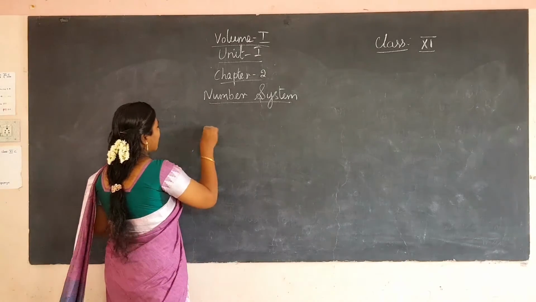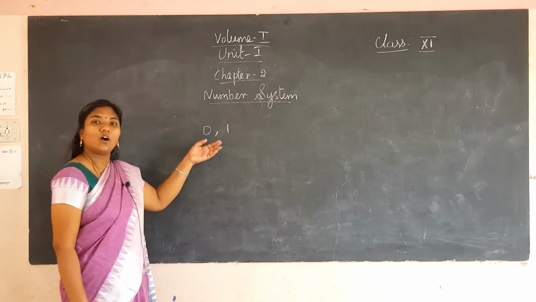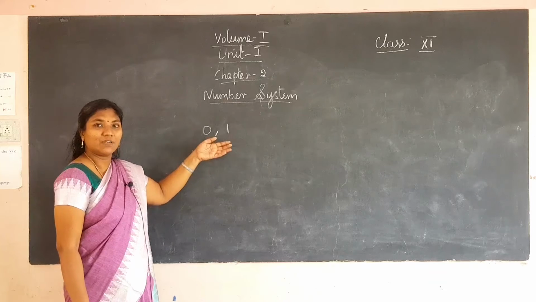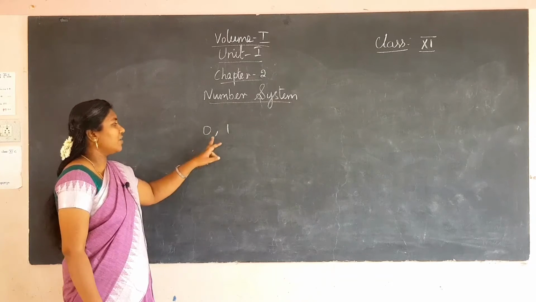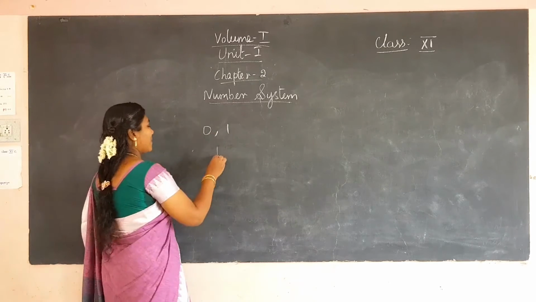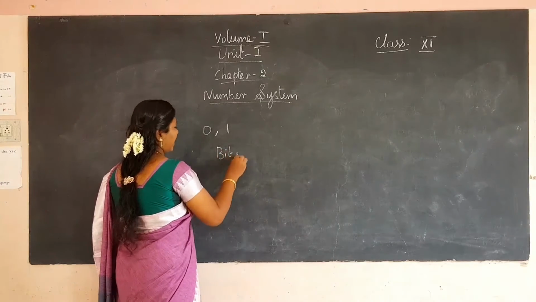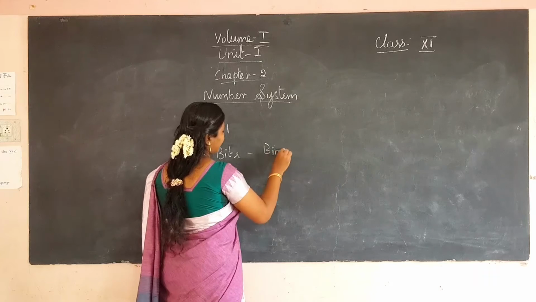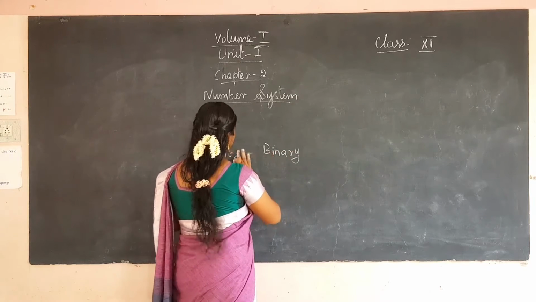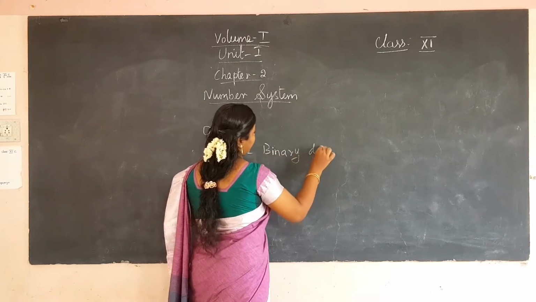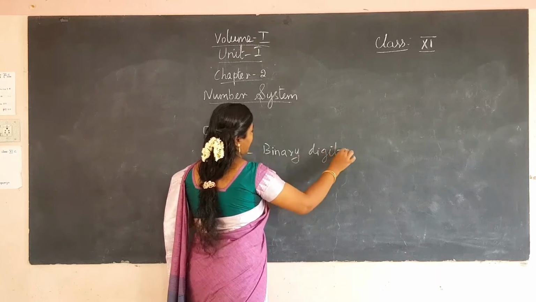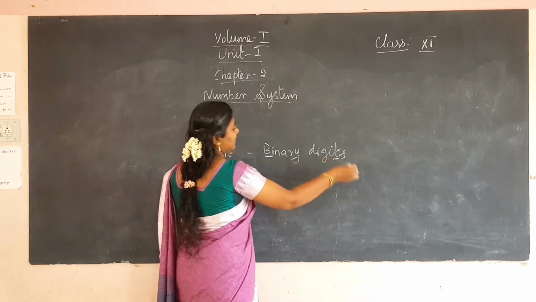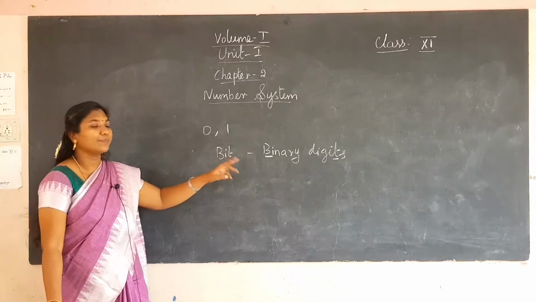So 0 and 1, these two are the only ones understandable by the computer. Zeros and ones are called bits, that is binary digits.